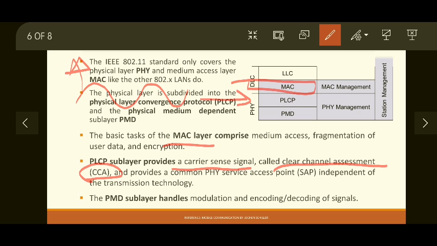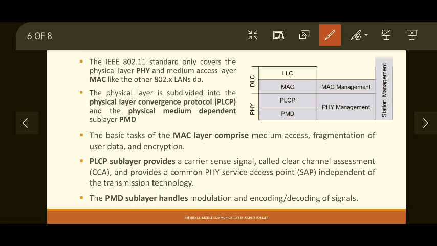Okay, apart from that, it provides a common service access point, that is SAP, independent of transmission technology. What's the meaning of this? Now, as the name suggests, it is a convergence protocol. The way in which you are accessing the medium, based on that your transmission technology will change. Now, what is transmission technology?